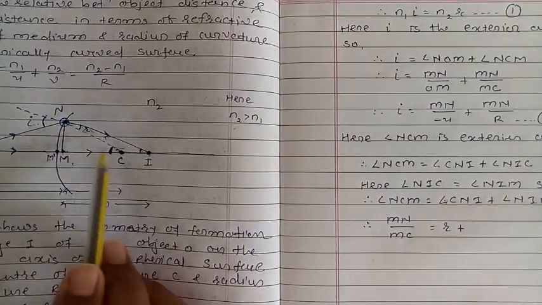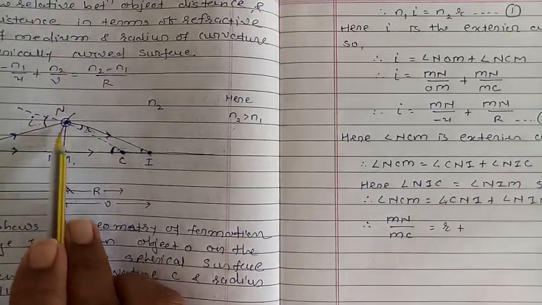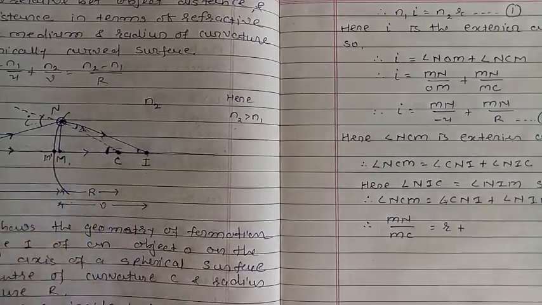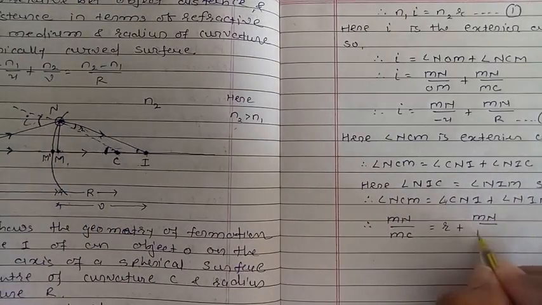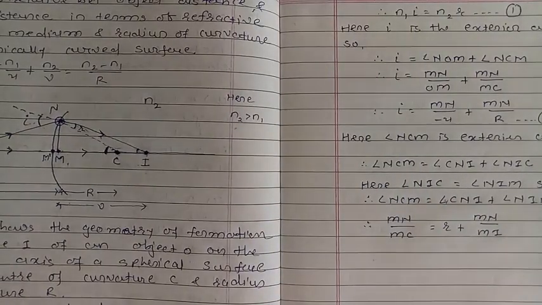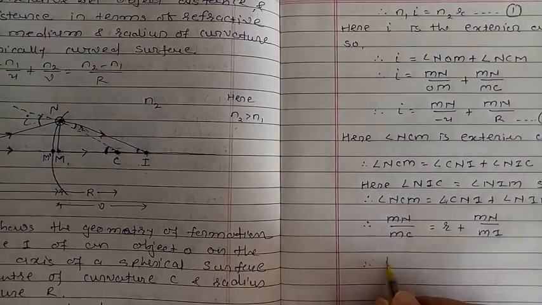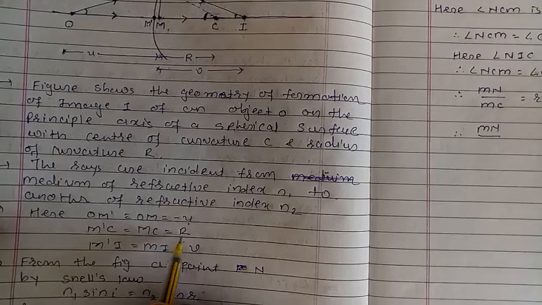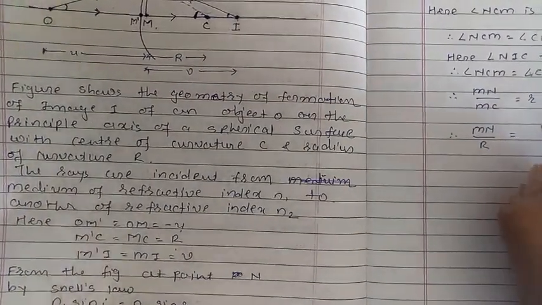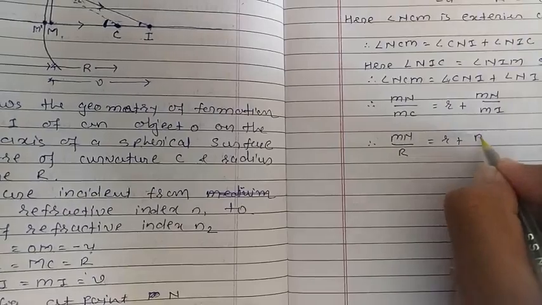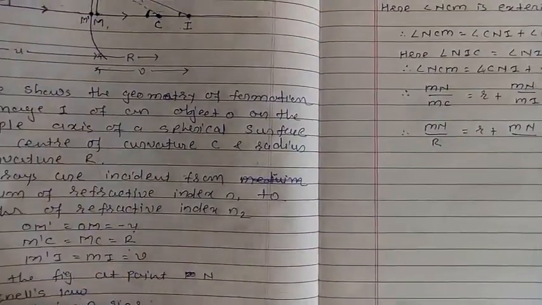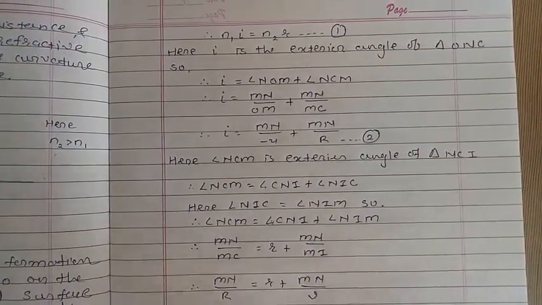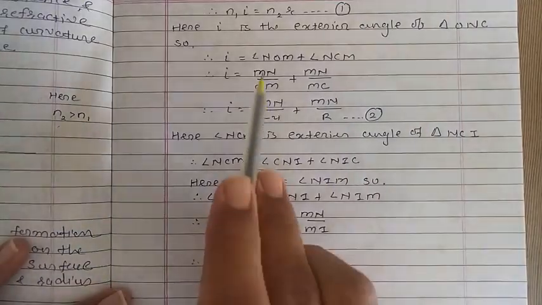Once again MN is the opposite side and the adjacent side is MI. So MN upon MI. So we have to put the values. MN as it is. The value of MC is R, so it is equal to R plus MN upon MI. The value of MI is V.